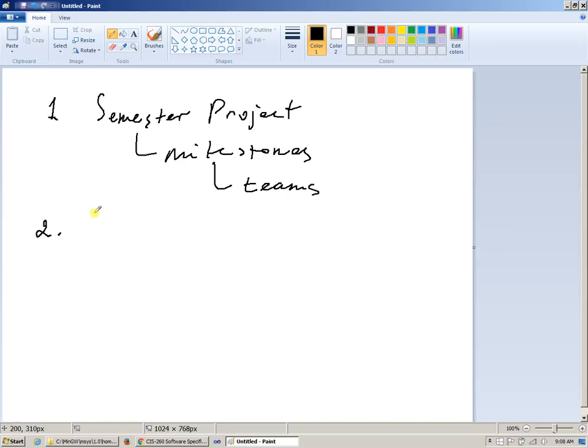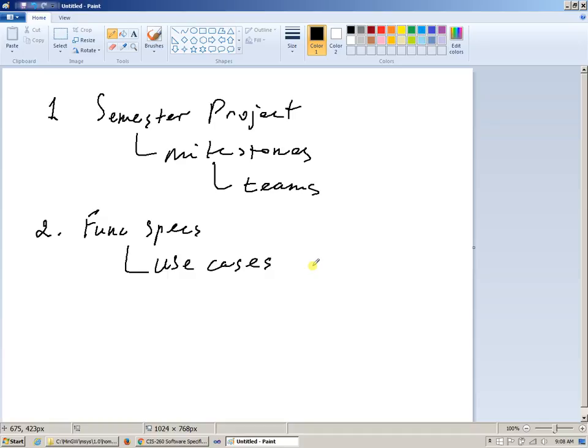Number two, the set of topics, right? The actual things that supposedly we will learn in this course. So I mentioned functional specs. Functional specs, what they are, and they're primarily a collection of use cases, essentially things that can be done with the specific system.